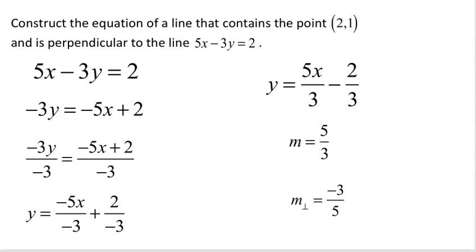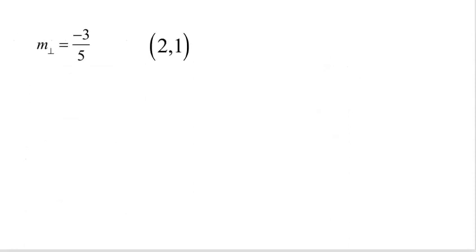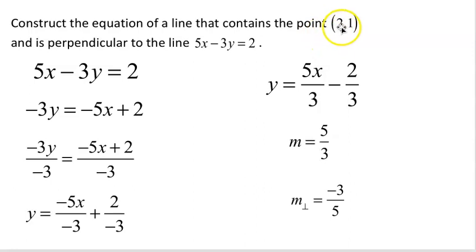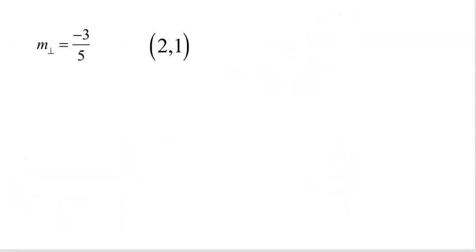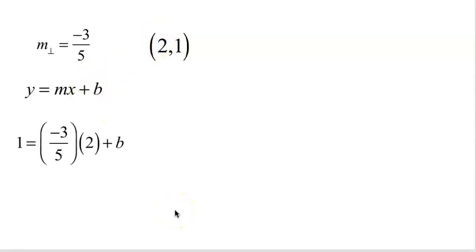Our perpendicular line has a slope of negative 3/5. So it's going through the point 2, 1, with that slope. We need to solve for the y-intercept. Y equals mx plus b. Replace y with 1, m with negative 3/5, x with 2. Negative 3/5 times 2 is negative 6/5, so 1 is negative 6/5 plus b.